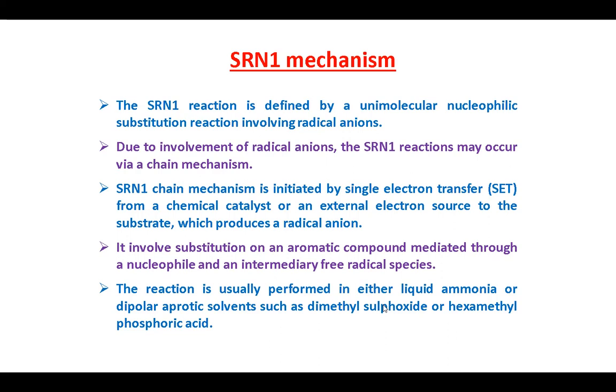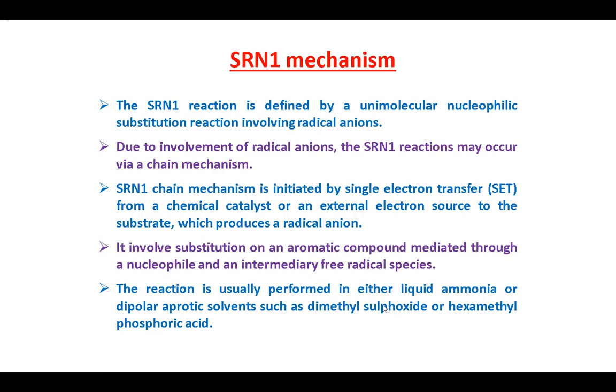In this SRN1 mechanism, the initial attack takes place via an electron donor, rather than a nucleophile. The radical anion thus formed leads to removal of leaving group, and leaves behind a radical, available for attack by the incoming nucleophile.